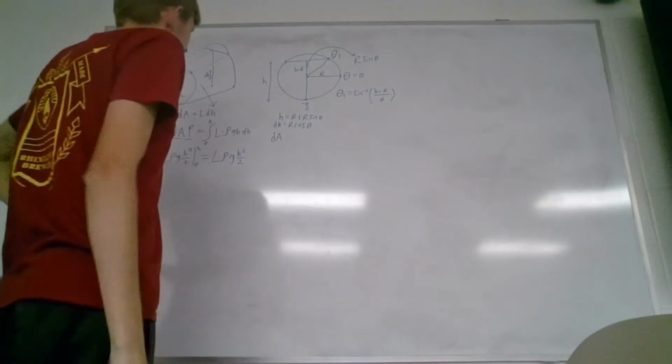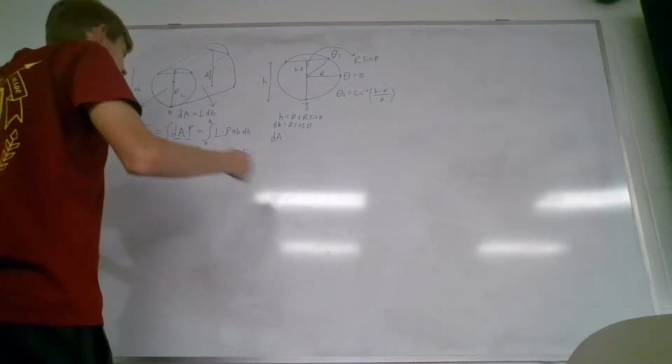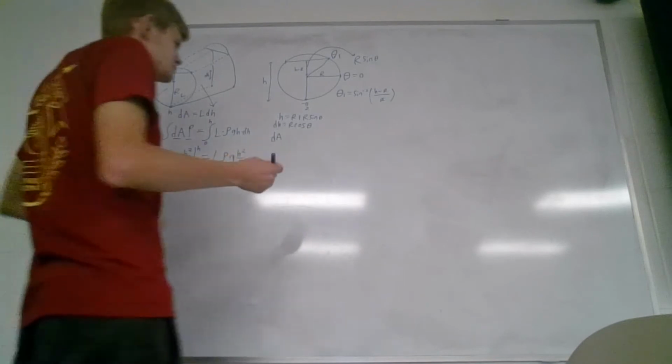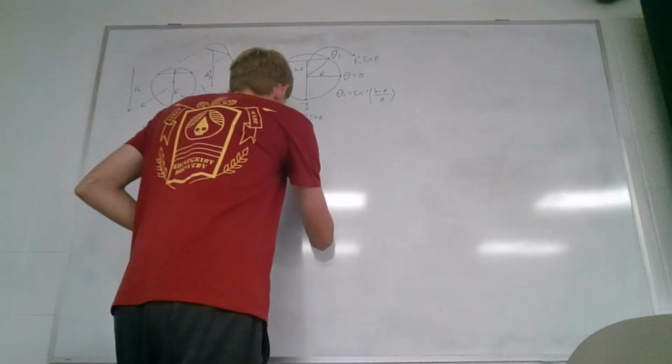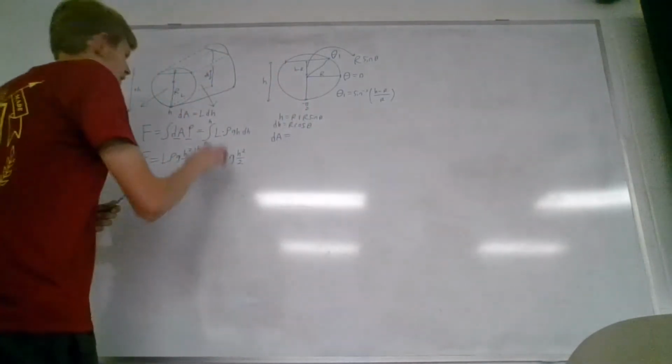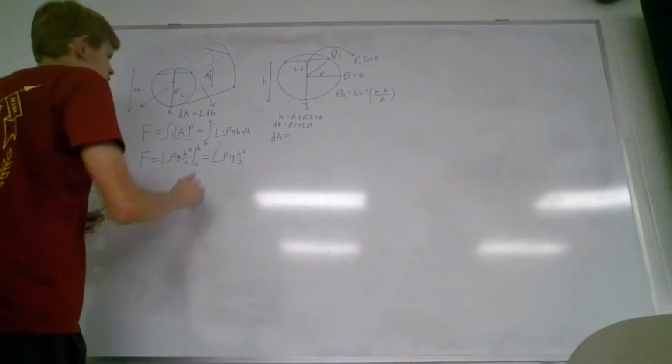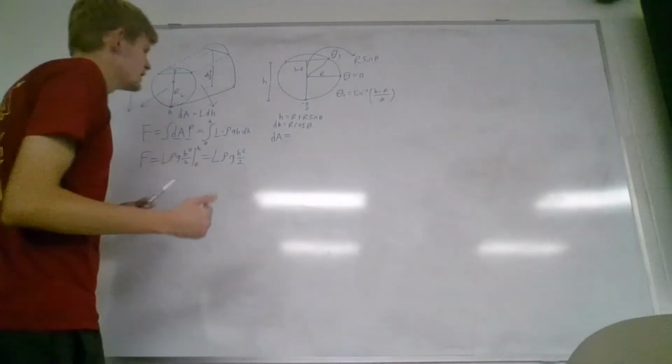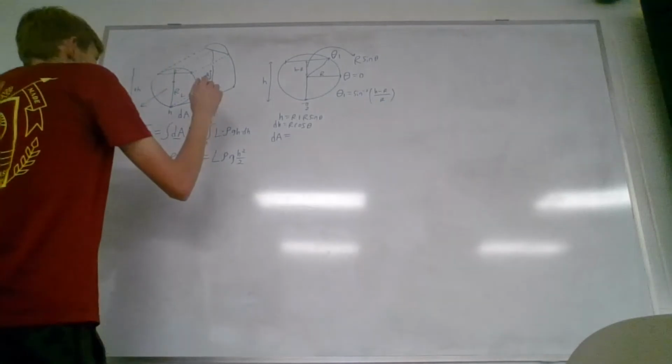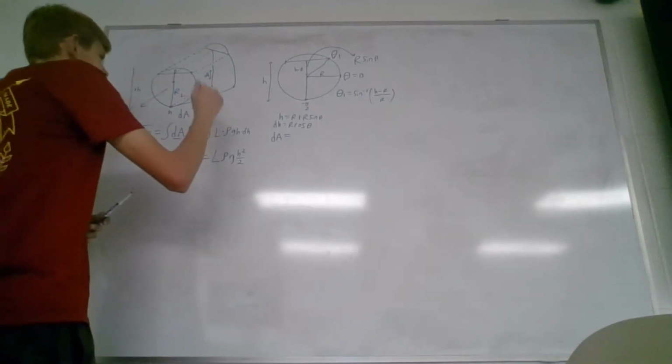So how can we find this? Just to begin, we do the same thing as we did over here. We try to find a length or a width, and then we have a change in height.